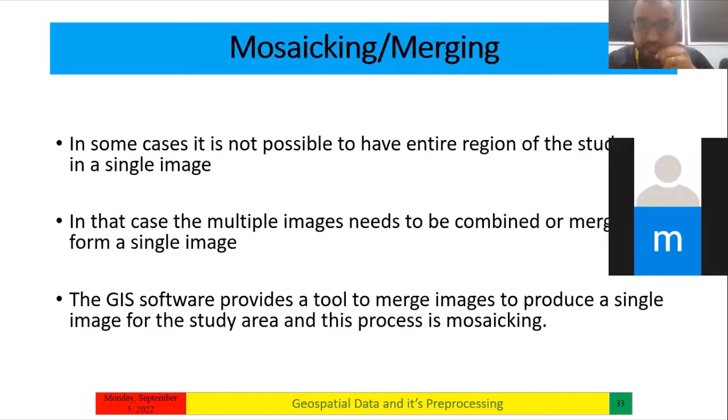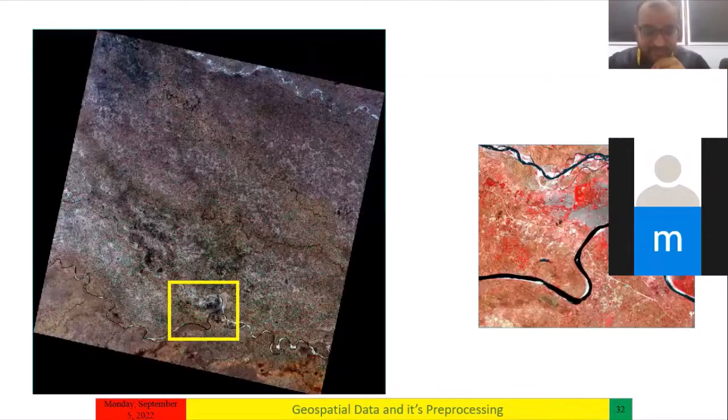The next one is mosaic or merging. Suppose this is the area which I have extracted. There could be images to the right, top, left, and bottom.